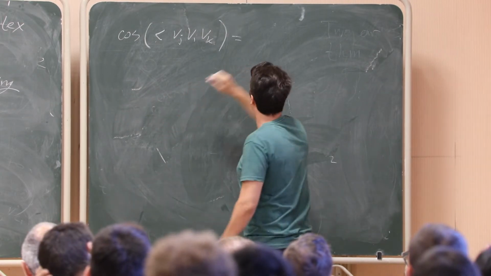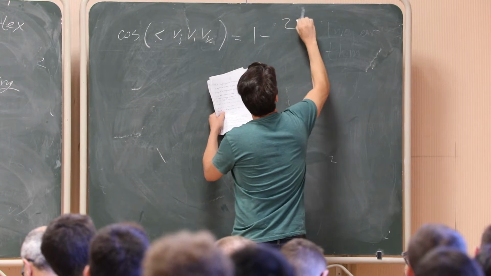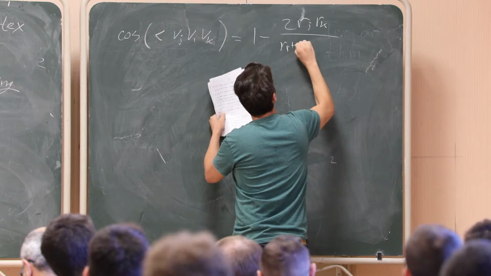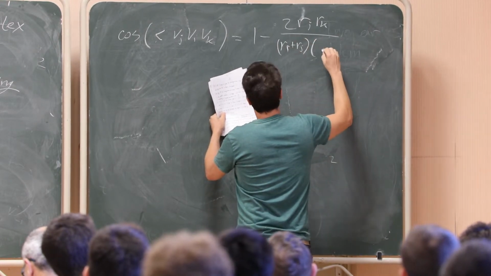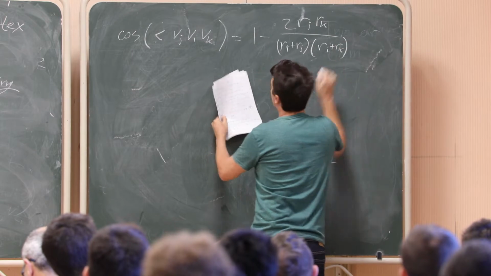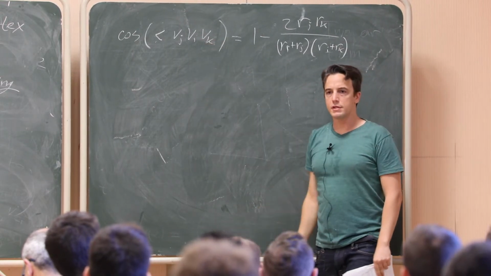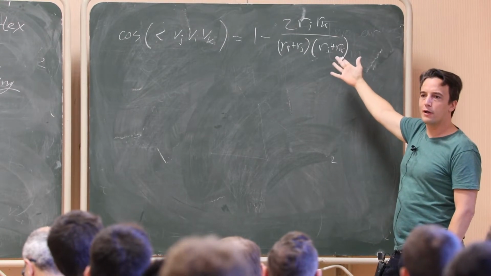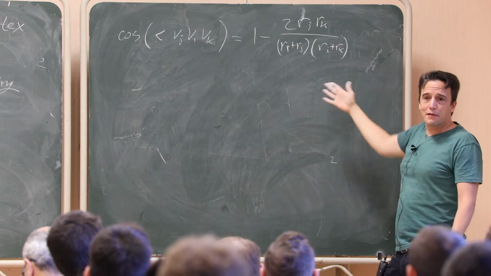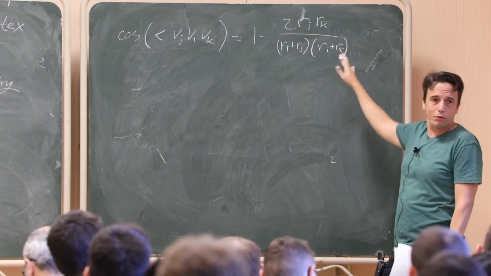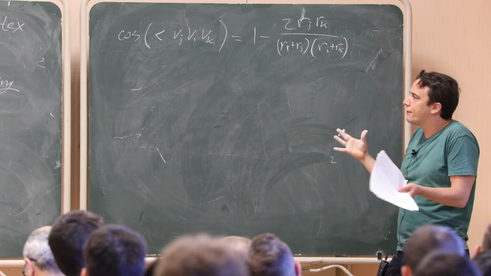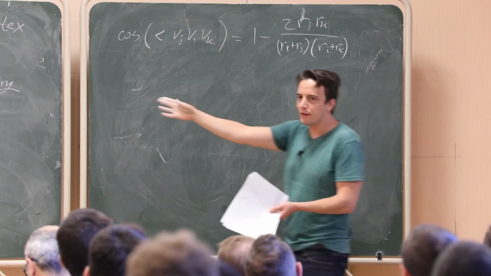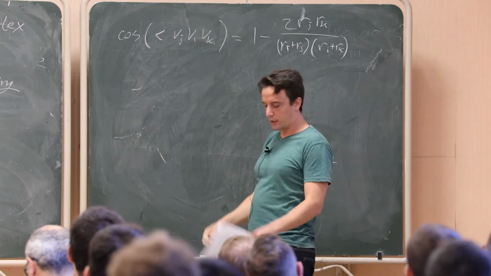Corresponding to the three radii it is 1 minus 2 Rj Rk divided by (Ri plus Rj)(Ri plus Rk), and you look at the unique number that is between 0 and pi. The only reason I've written this formula is to convince you, firstly, that this quantity is computable, and secondly, that obviously it is continuous in the radii. If I change the radii a little bit, the angle changes by a little bit as well.